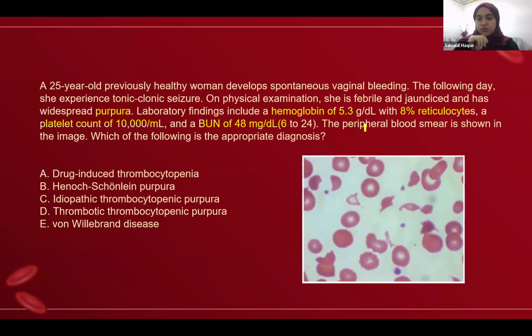The peripheral blood smear is shown. Can someone tell me what you see? Schistocytes, exactly. The answer is TTP, thrombotic thrombocytopenic purpura.